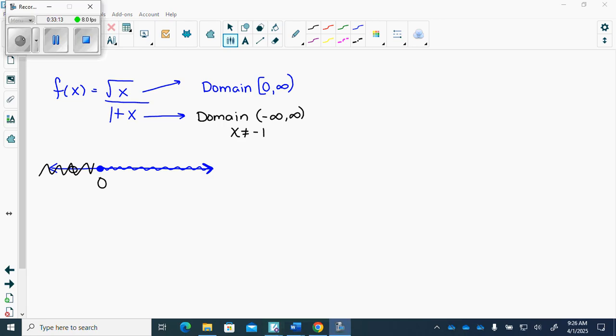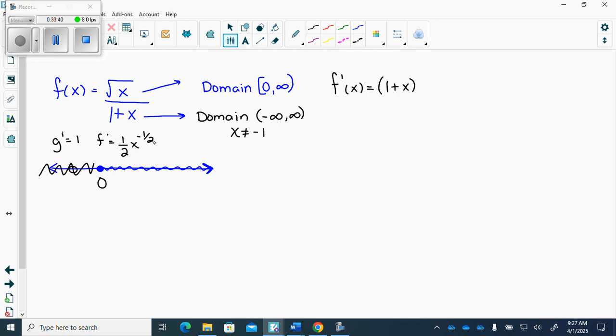First derivative. In order to do the first derivative, guys, what are we going to have to do? Quotient rule. I know you're waiting for this day. Don't worry. It's here. So we get g prime equals 1, f prime equals 1/2 x to the negative 1/2.